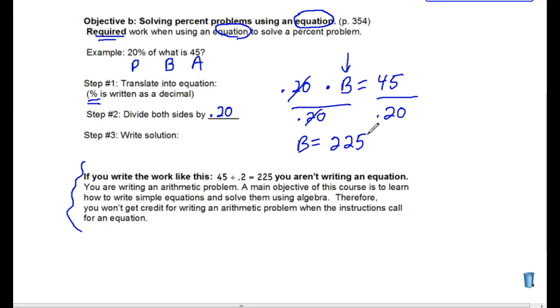So I'm going to say, okay, I'm taking part of something, 20%. So 20%, is that half? No, that's less than half, isn't it? So I'm taking less than half of 225, and the answer is 45. That seems about right. Half of 225 would be what, 112 or something like that? I'm actually taking less than a quarter of it, aren't I?